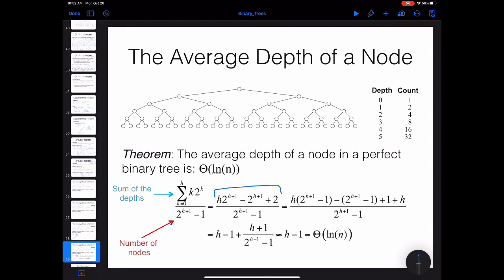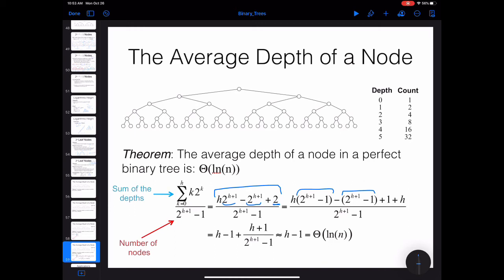Okay, I can factor out this 2 power h plus 1, right? And write it down as 2 terms, you can see that I have this plus 2, so I rewrite it in this form, so that I would have 2 terms in this form. It's just trying to simplify the formula. This is just math, just working on the formula.